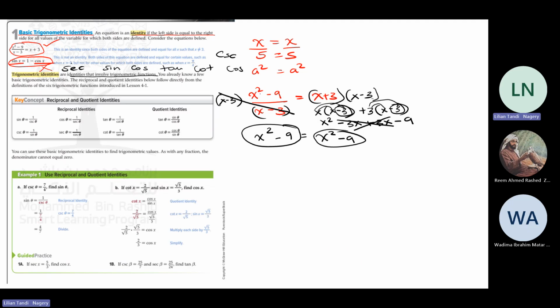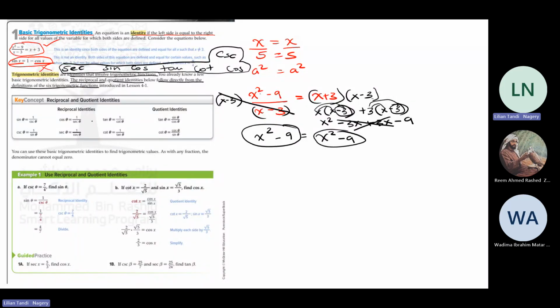So these are the things that I think about when I see the word trigonometry. Okay. Now, trigonometry identities are identities that involve trigonometry functions. You already know a few basic trigonometry identities. The reciprocal and the quotient identities below follow directly from the definitions of the 6 trigonometry functions that you're learning in this lesson.